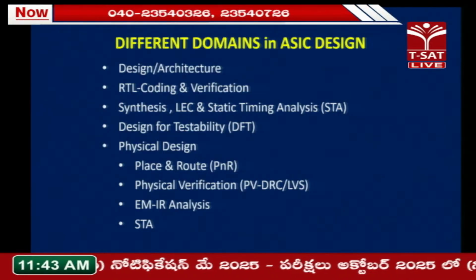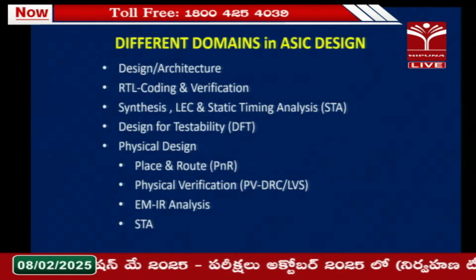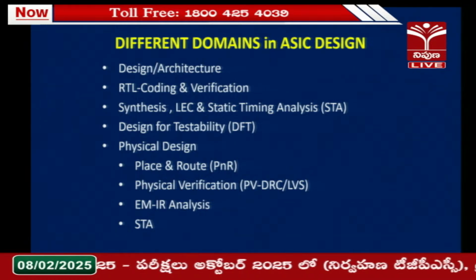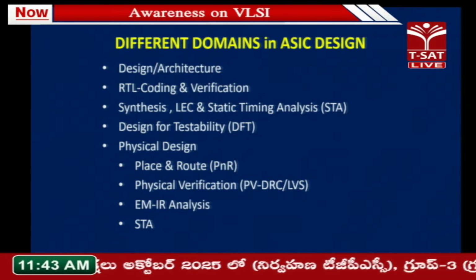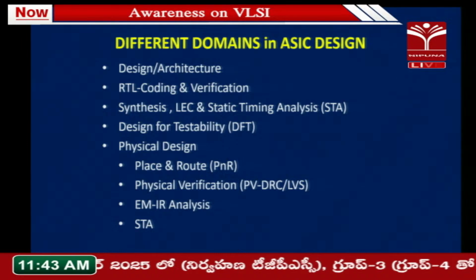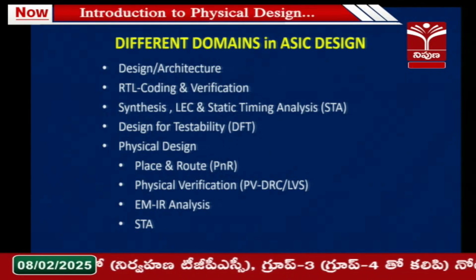And next one is DFT, design for testability. This is one more domain where you can find opportunities. And next one is physical design, place and route. Physical domain covers place and route, physical verification, EMIR analysis, and STA. In physical design also you can find job opportunities.